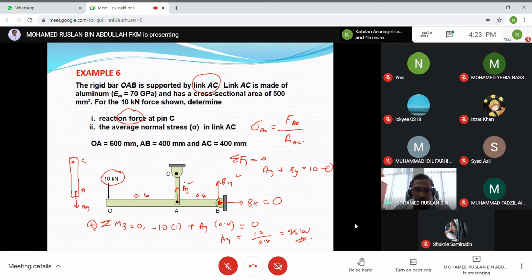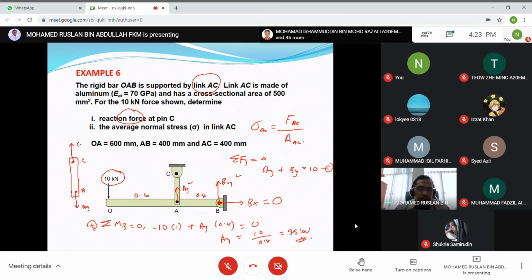If in the body OAB, AY is upward, then for the link AC it must be downwards at point A. And if AY is in this direction, then at point C it must be upward.